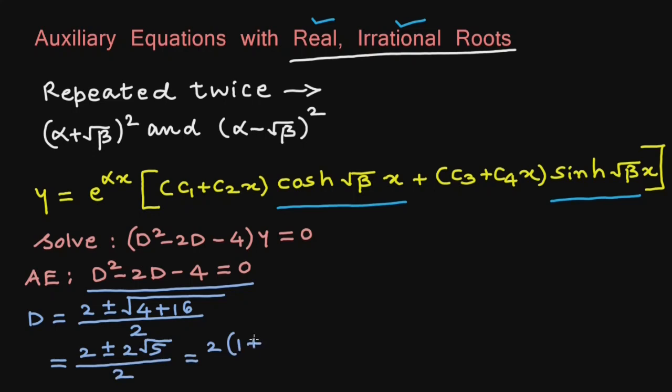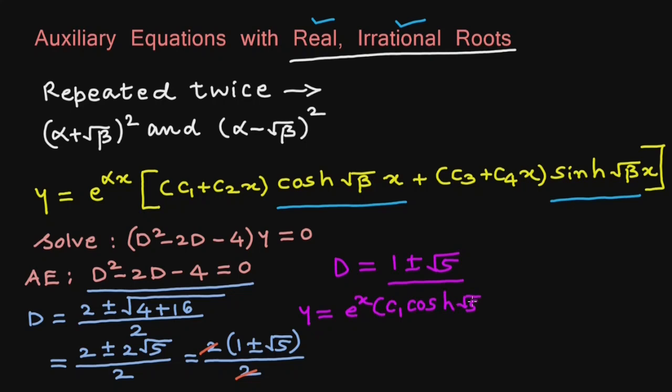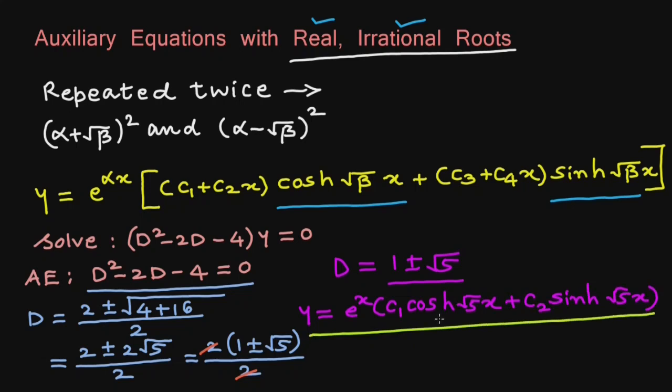That is 2 into 1 plus minus square root 5 upon 2. Cancelling the 2, D is 1 plus minus root 5. This is a real irrational root and its solution will be y equals e raised to x into c1 cos h root 5x plus c2 sin h root 5x. So this is the solution involving hyperbolic functions when the roots are real irrational.